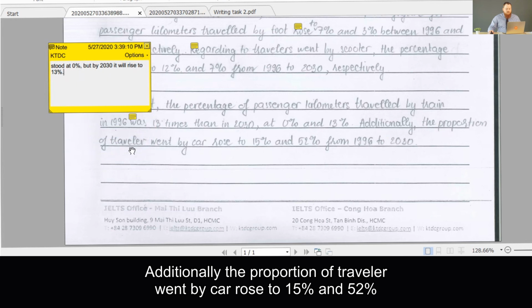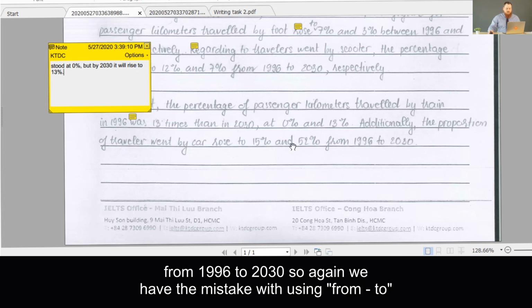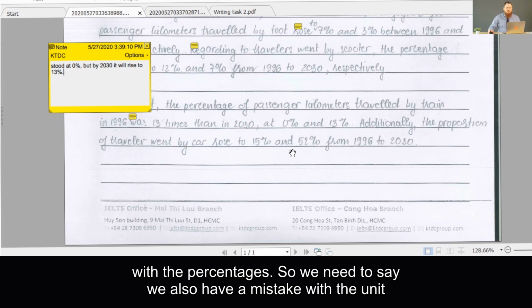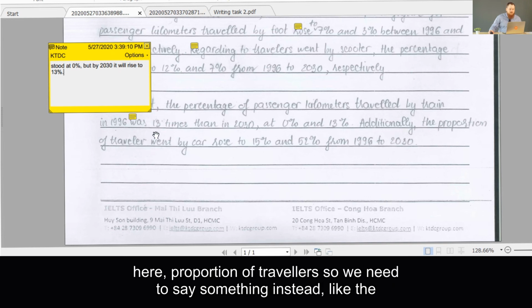"Additionally, the proportion of traveler went by car rose to 15% and 52% from 1996 to 2030." So again, we have the mistake with using "from... to" with the percentages. We also have a mistake with the unit here, "proportion of travelers".